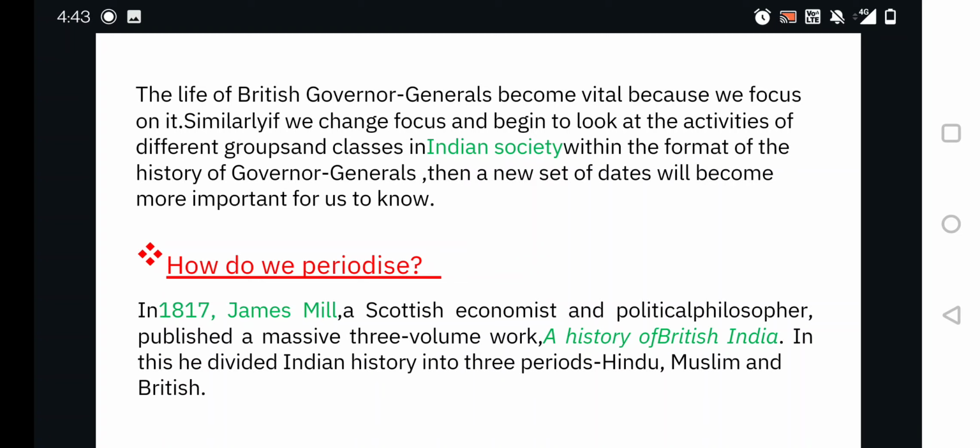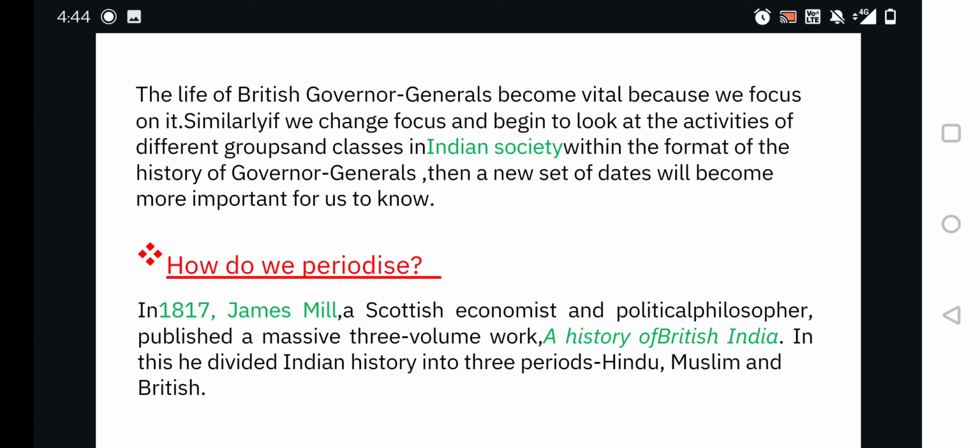It focused only on the changes which happened in that period, or the activities of Indian classes and Indian society, whatever was taking place, all related to the time period of a governor general. So they used to write history like this.